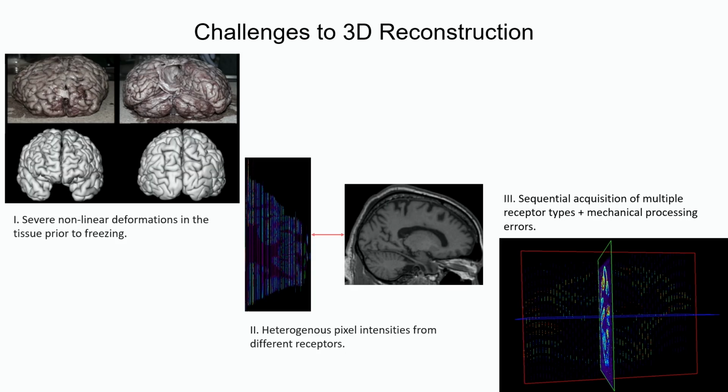Finally, because we are acquiring multiple different images from multiple receptor systems within the same subject, for a given receptor there's always going to be gaps between sections acquired for that receptor, and so if we want to create a whole brain volume, we have to be able to fill in those gaps in some way.